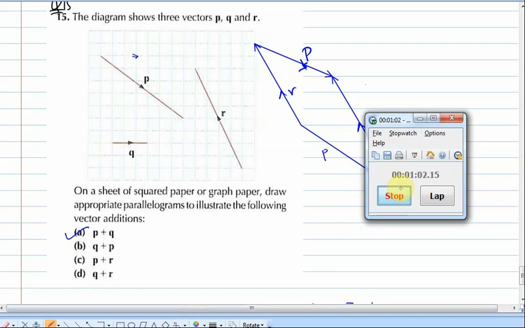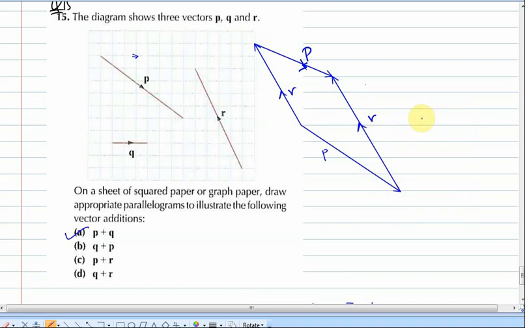Alright. So roughly, if I need to sketch Q plus R, at the end of Q I will draw the vector R. So it will be like 2, 3 and 4. That is somehow how your vector R looks, right?